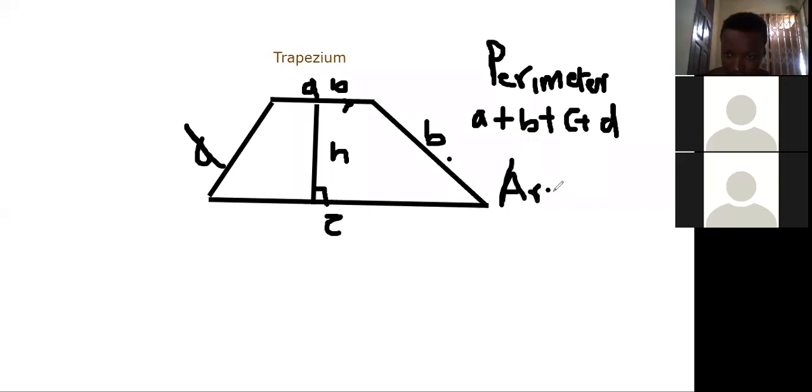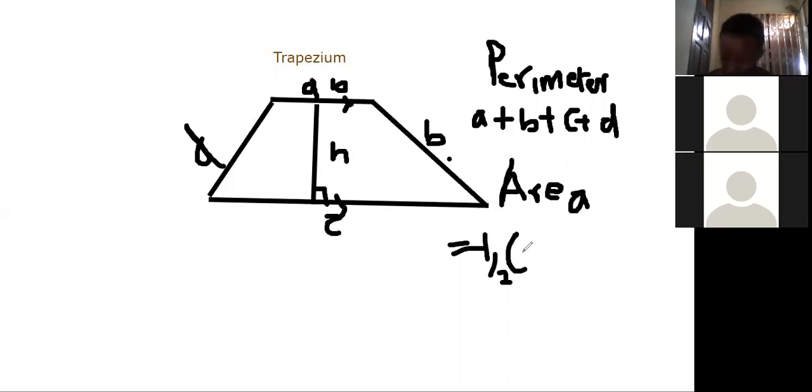When you're finding the area of a trapezium, that will be half of the sum of the parallel sides times the height. You know that this side and this side are parallel, this side and this side.